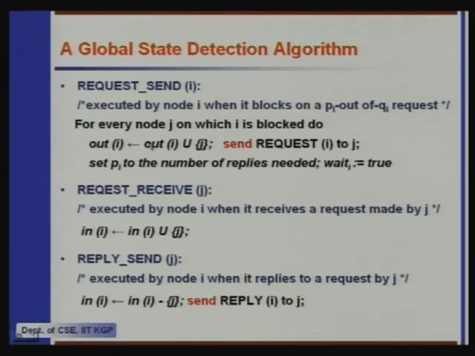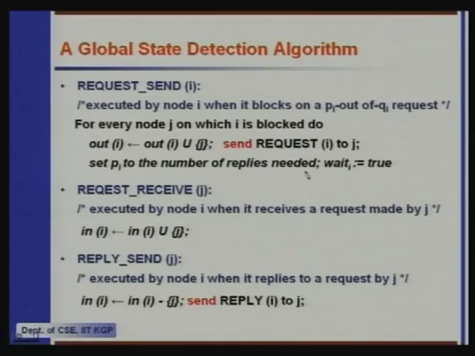This is where we create the set out i, and we send a request i message to j, and set pi to the number of replies needed. Who decides the value of pi? The real computation that the process is doing.